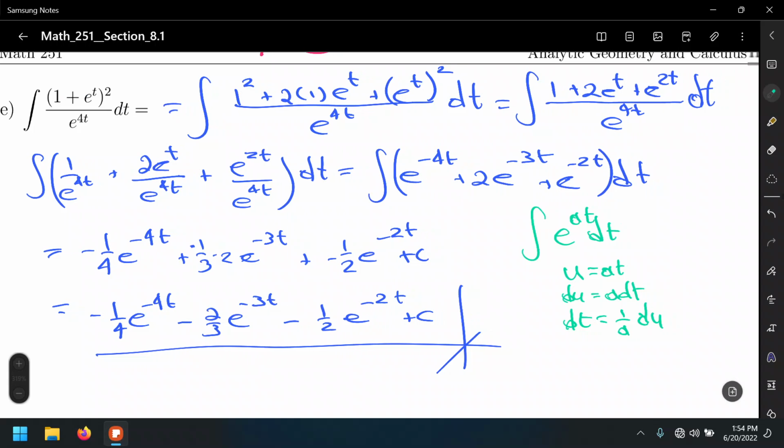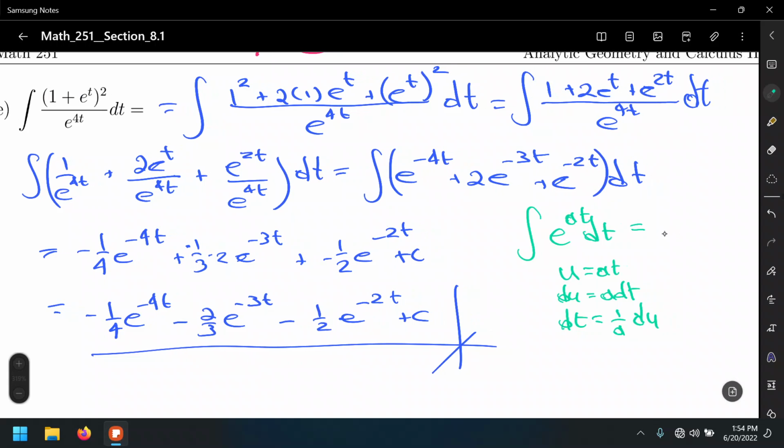So that's why in the end it's 1 over a integral of e to the u du. The integral of e to the u is always itself, the same as the derivative. So ultimately we divide by the number that multiplies the variable t. It's not necessarily a shortcut. This one works only when our power of the variable is 1. For higher powers like t squared, t cubed, in that case we need to show the u du part of the problem. All right?